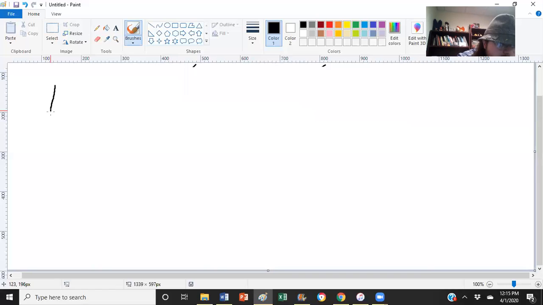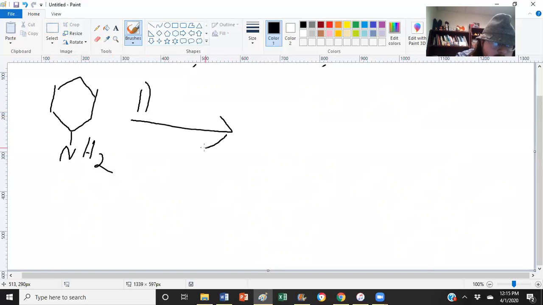So just a quick example, some examples of this guy. We could do, oh hey, here is cyclohexamine. So step 1, I use excess methyl iodide.